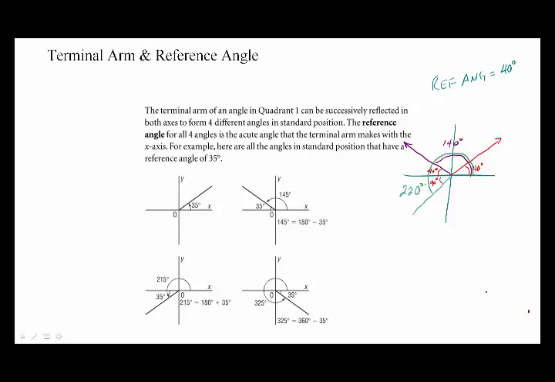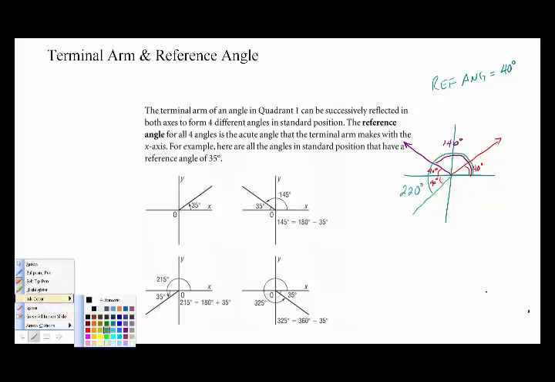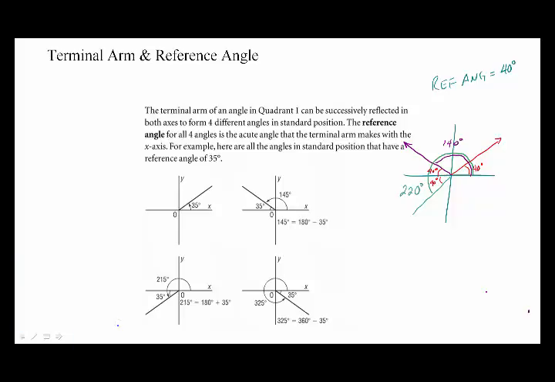And there's one last one. See if you can figure out the last one on your own. We're going to go all the way around to here. And there's the 40. Distance to the nearest x-axis, right?